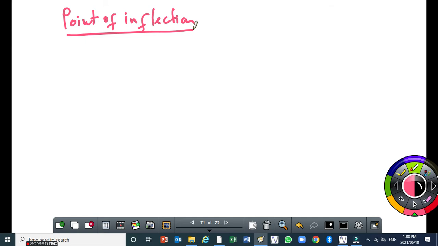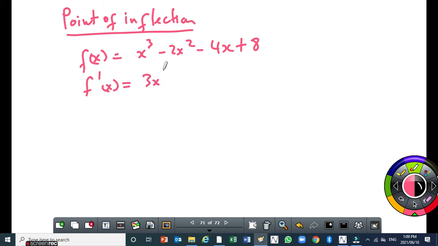Okay, the point of inflection, as I told you yesterday, you get it by finding the second derivative. So our function is x cubed minus 2x squared minus 4x plus 8. Then the first derivative will be equal to 3x squared minus 4x minus 4. I'm using rules of differentiation, not first principles.